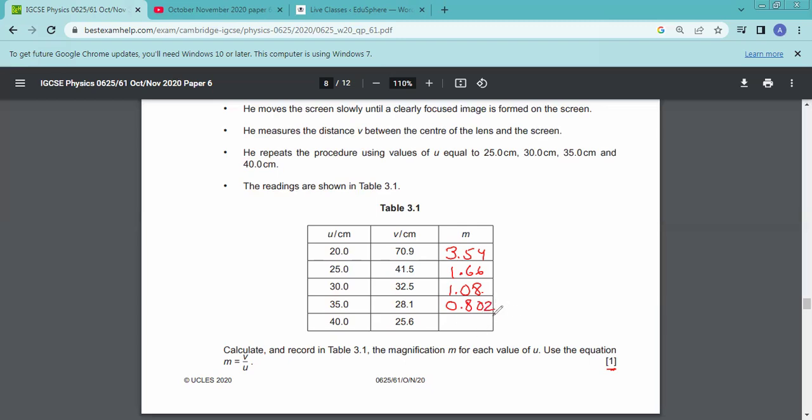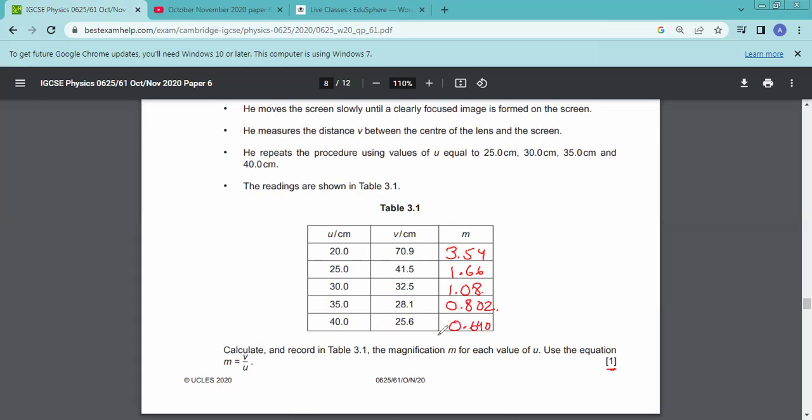Since I have to take the values to 3 significant figures, this is the first significant figure, I have taken it till 802. Now, the last one is 25.6 divided by 40.0, and I got the value 0.64. Since it's 0.64 only, I'm writing 0.640.